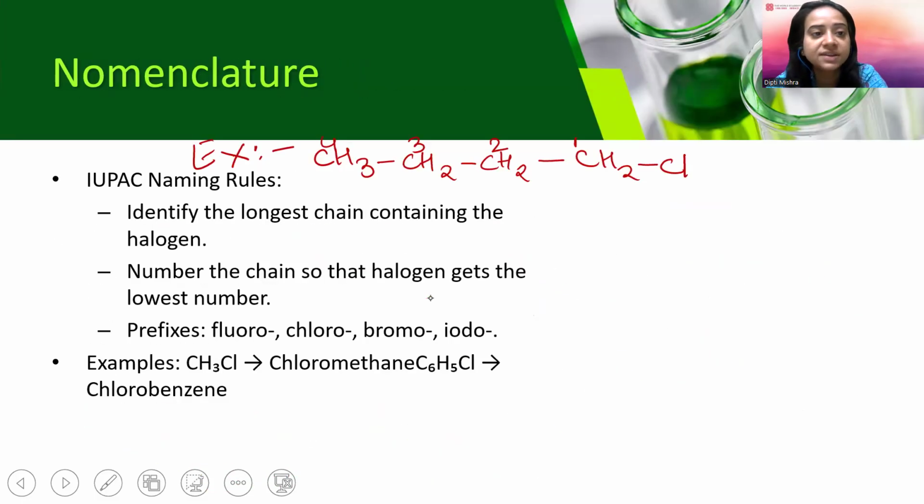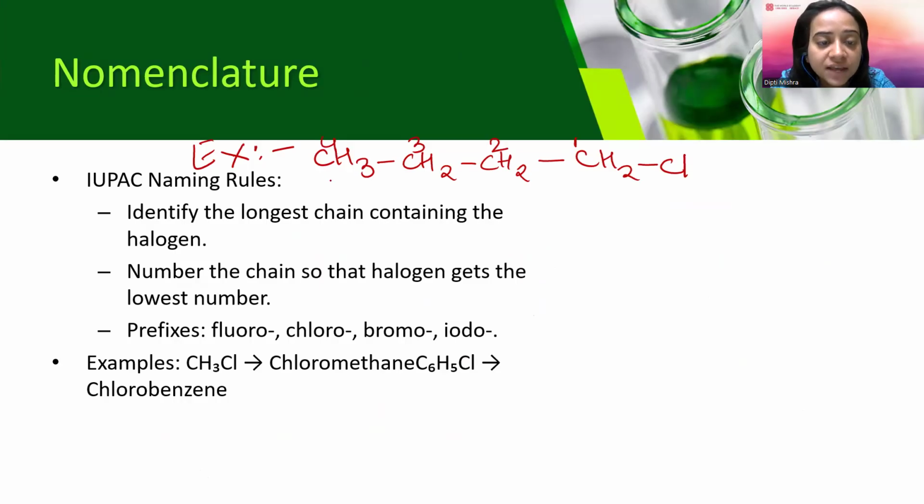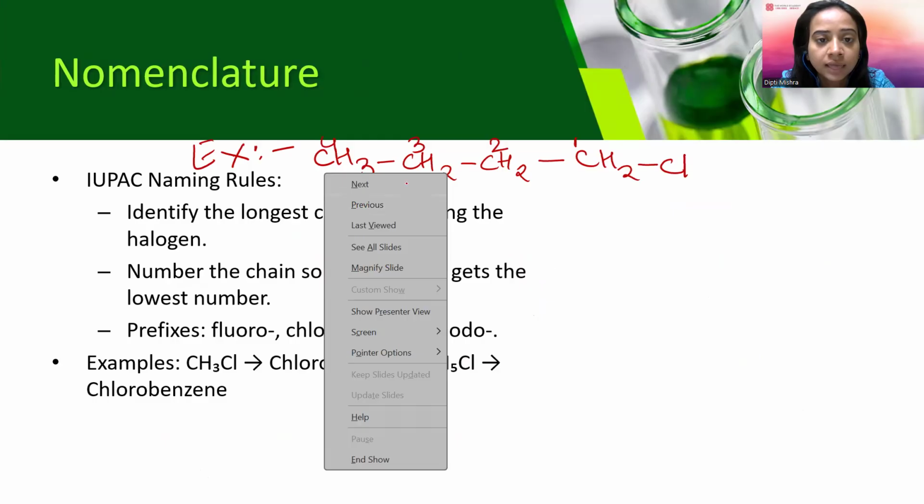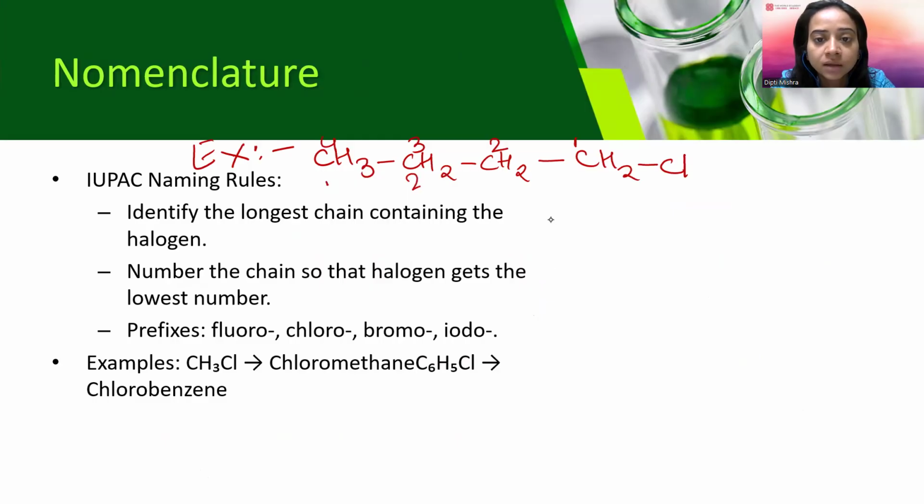So, nomenclature, we were seeing nomenclature. Or we can start naming from 1 here, that is 2, then 3, and then 4. This is your second carbon atom. This is your first carbon atom. So you can number from the above side also, or you can number from the below side also.